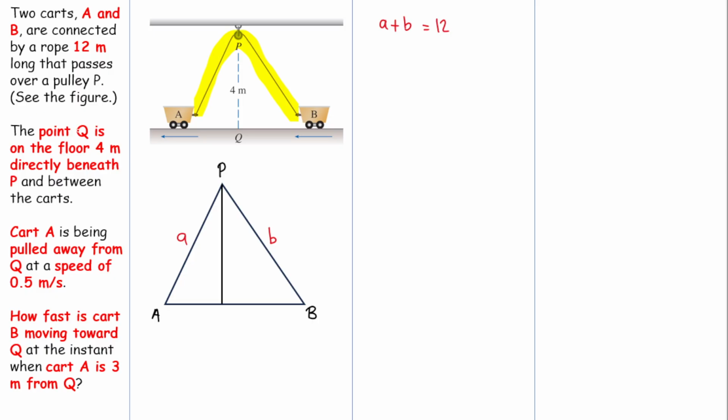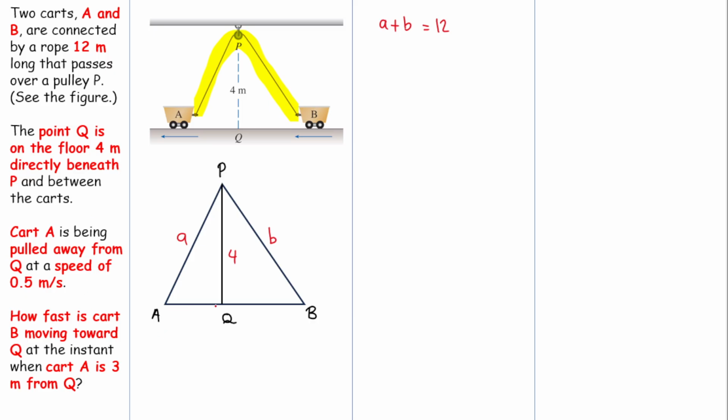Okay, now let's continue. The point Q is on the floor 4 meters directly beneath P and between the cards. So this point just beneath P is the point Q, and that is 4 meters from P. So I will have 4 here. And then card A is being pulled away from Q at a speed of 0.5 meters per second.